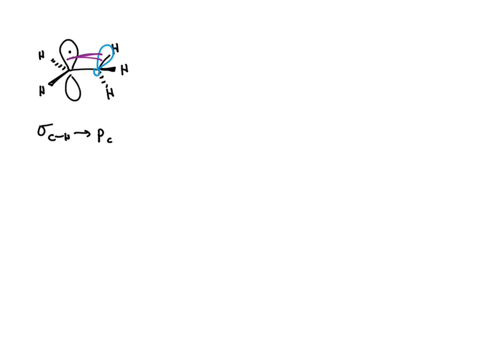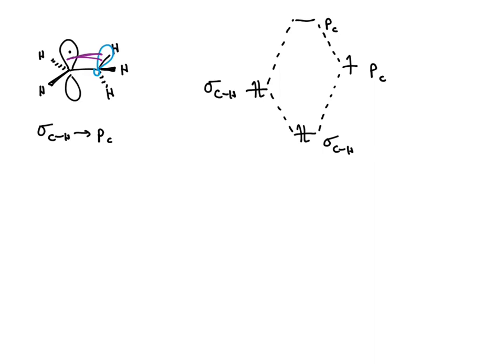Well, if we take a look at the way that these two orbitals are interacting. So let's say we have two electrons from the sigma CH overlapping with an atomic p orbital on carbon that has only one electron in it, and those two orbitals mix. What can happen is you can get one new orbital, the new sigma CH, goes down in energy, whereas the atomic p orbital on carbon goes up in energy.